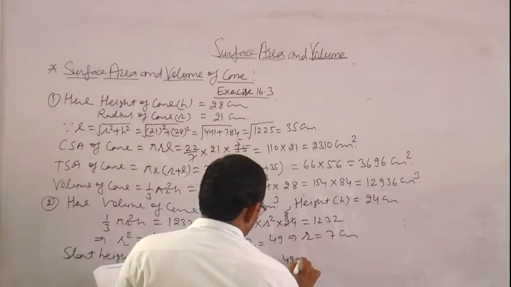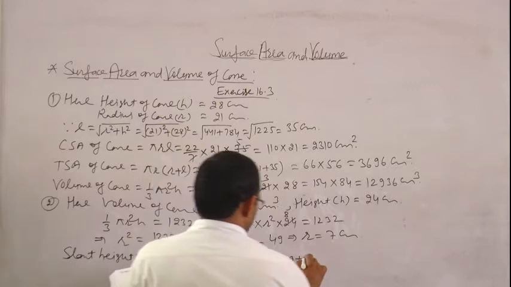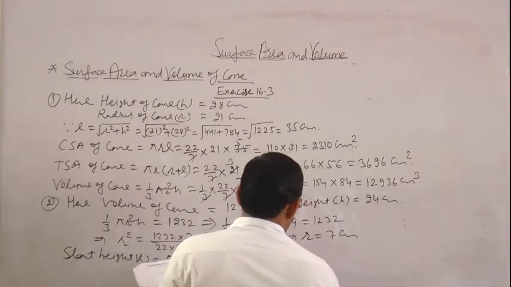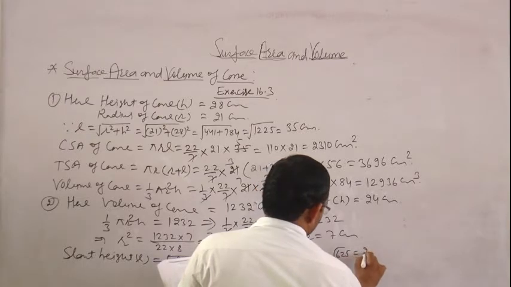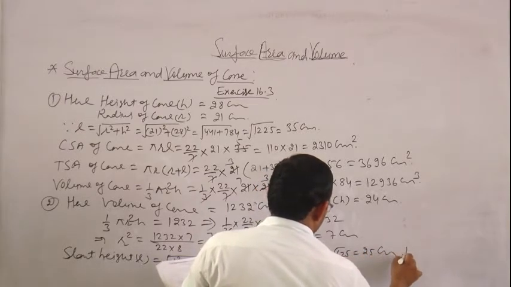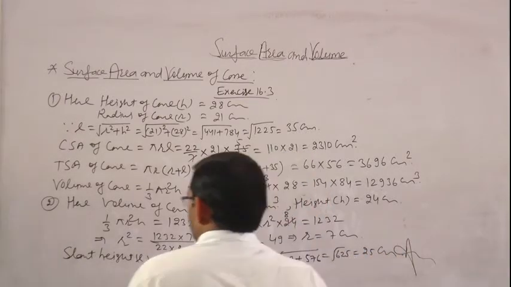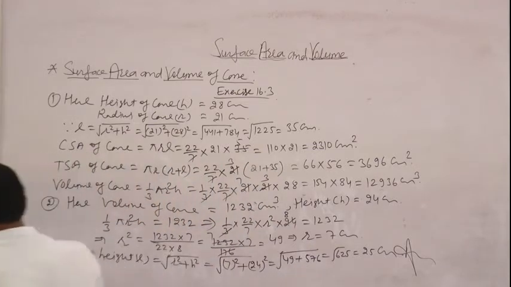That is 49 plus 576 is equal to square root of 625. That is 25 centimeter. So slant height of cone is 25 centimeter.